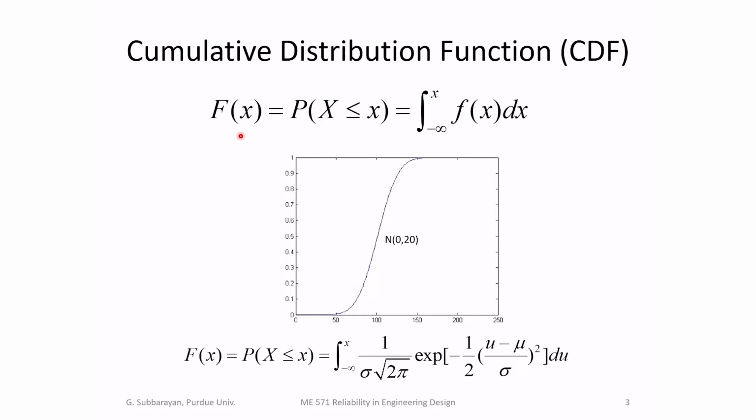In the reliability context, the cumulative distribution function really represents the fraction of the total population that has failed at any specific instant. So if x were to be time, as we will later define x, the random variable, to be time in our case in a reliability context, then this F of t would represent the fraction of the total population that you put on test that have failed at a specific time t.